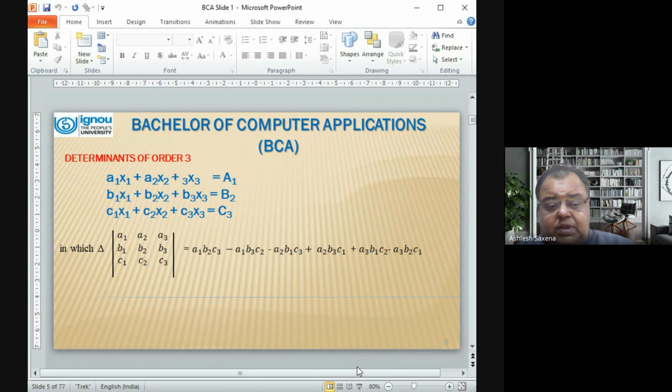Now, the determinant of order 3 by 3. That means there will be three equations and three variables.